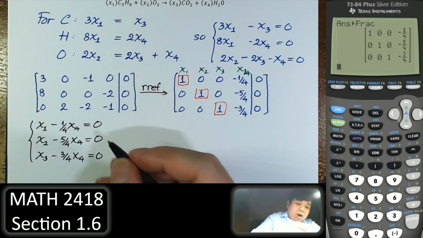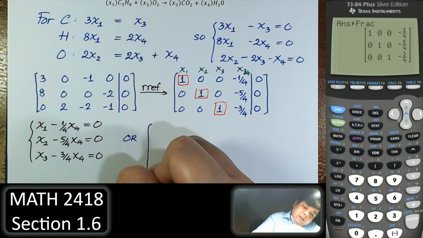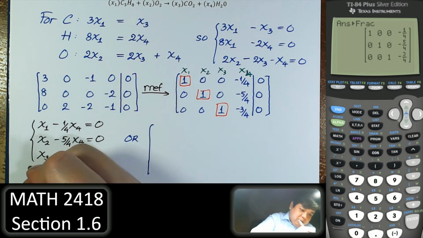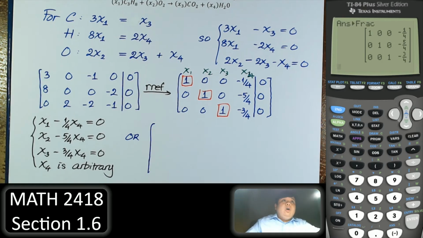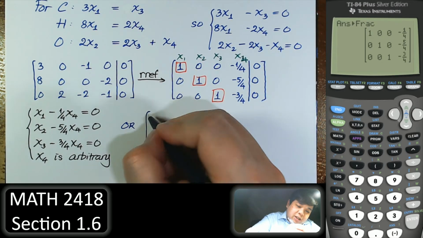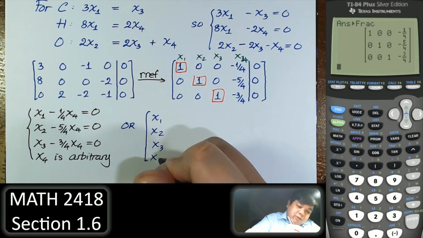Or if we rewrite, we got one last one, x4 is arbitrary. Or if we write the solution as x1, x2, x3, and x4.